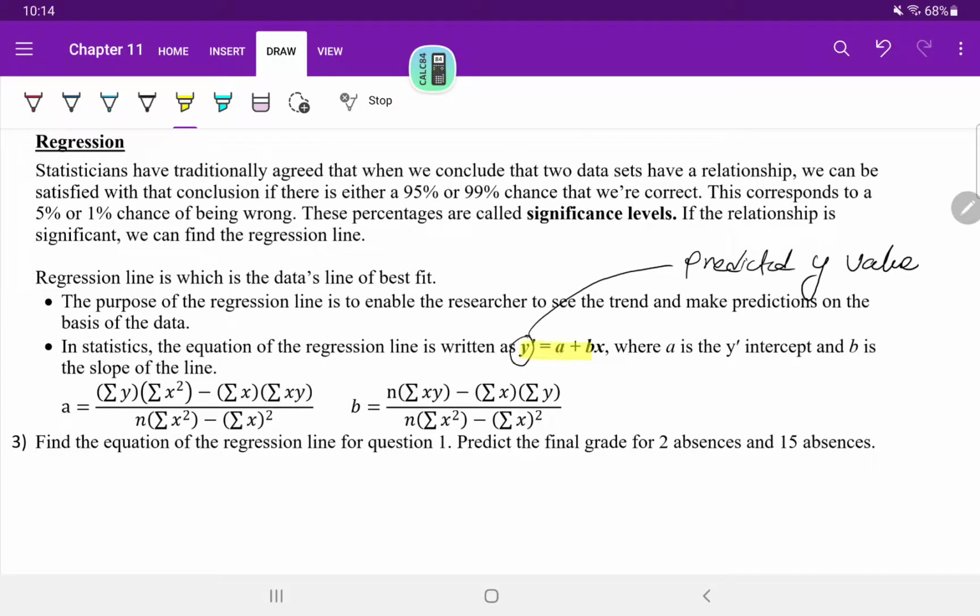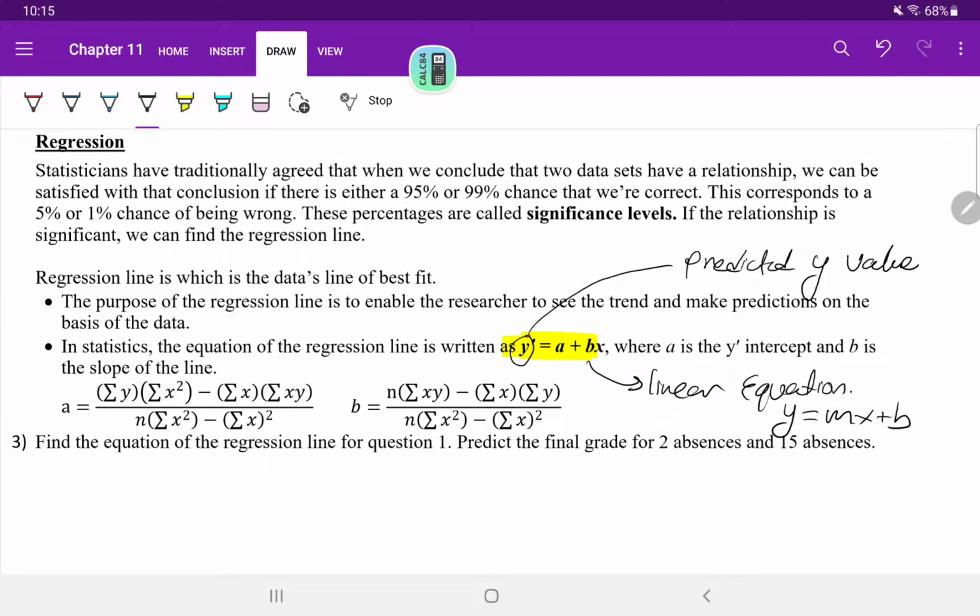If you notice, this is basically a linear equation. It is similar to the equation y equals mx plus b, but in this case the letters mean something different. a and b are like the slope and the intercept. They're the same kind of formula, just applied to a different branch of mathematics.